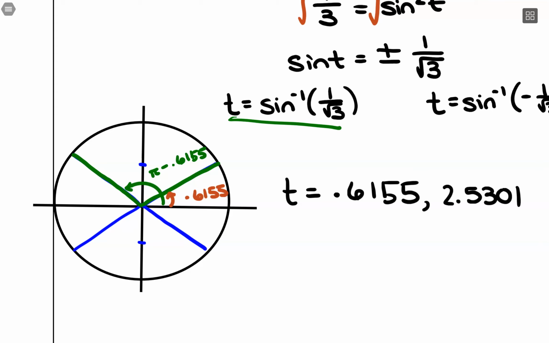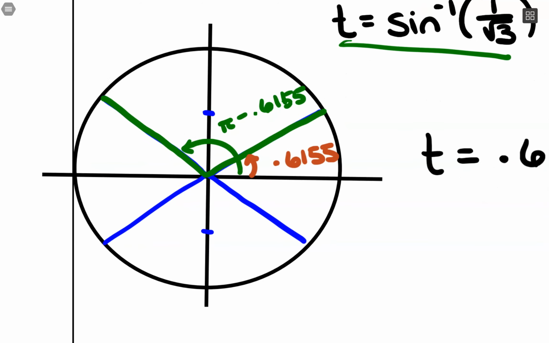Now for negative 1 over root 3, we can keep using this reference angle of 0.6155. If I go to this angle here, to go there, we would have this positive pi plus that reference angle of 0.6155.